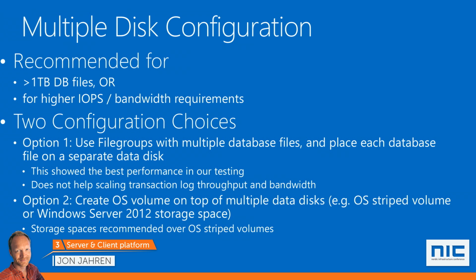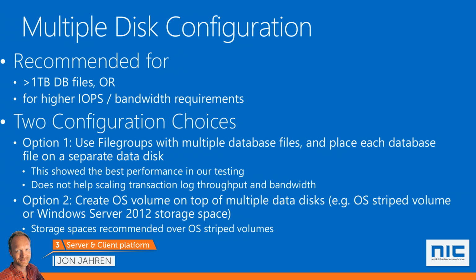In SQL Server, it doesn't really matter if you place the tables and indexes on separate disks or all together on the same set of disks. You typically get the same performance. The most important thing is to access as many disks as possible, not necessarily to place them apart from each other.